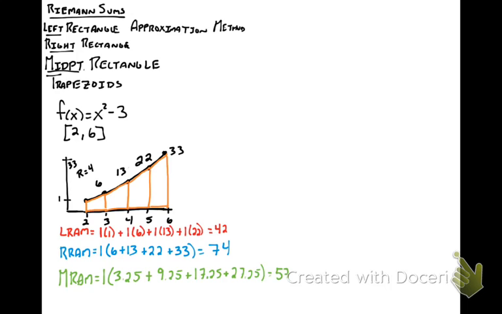And the thing I need to remember is the area of a trapezoid, right? Remember that the formula for the area of a trapezoid is the average of the bases times the height, or half the height times the average of the bases. I prefer the average of the bases times the height.